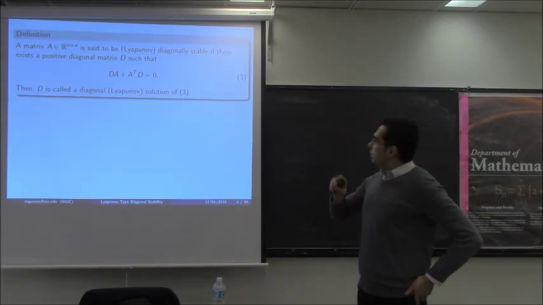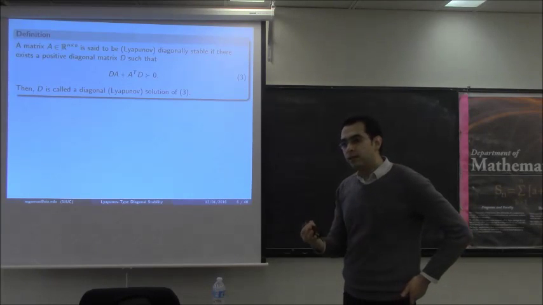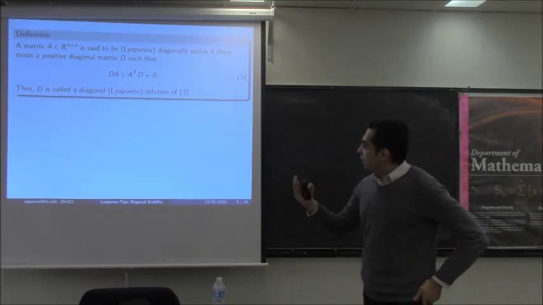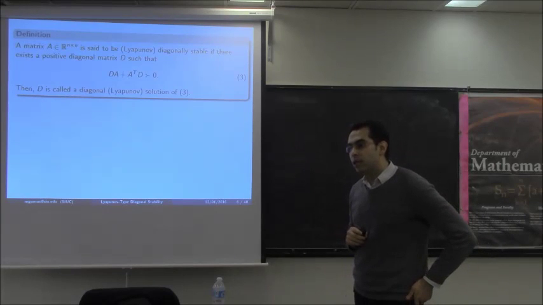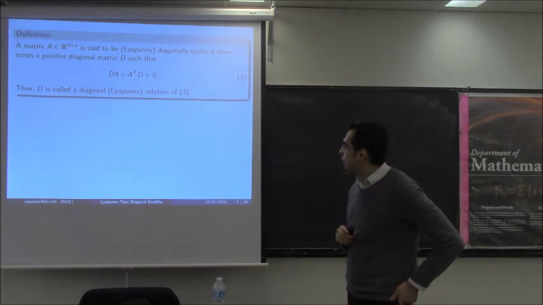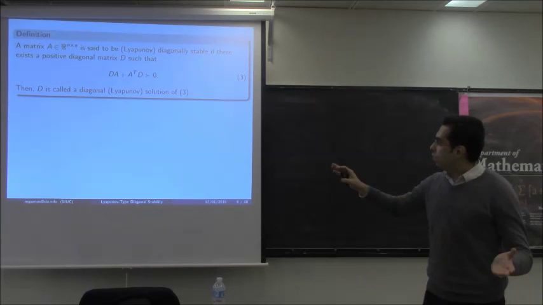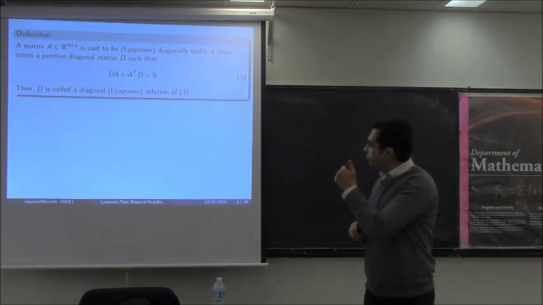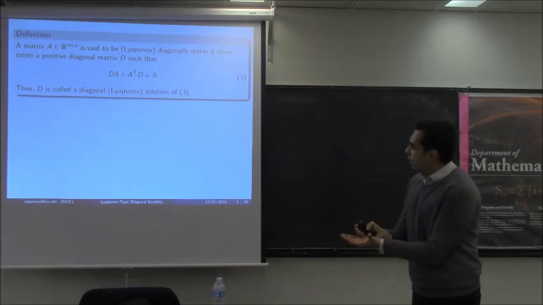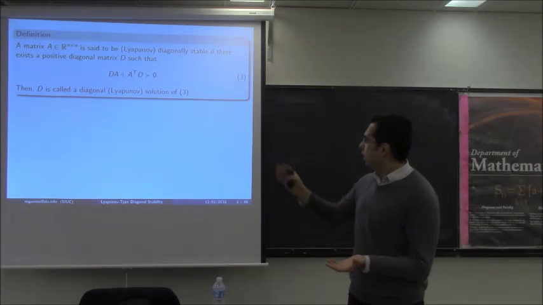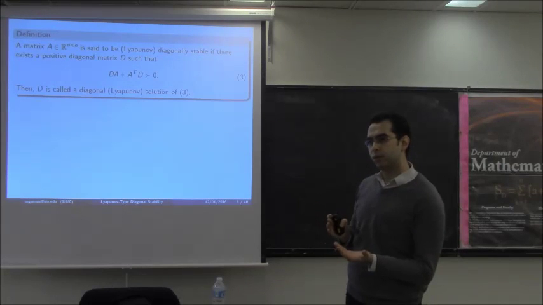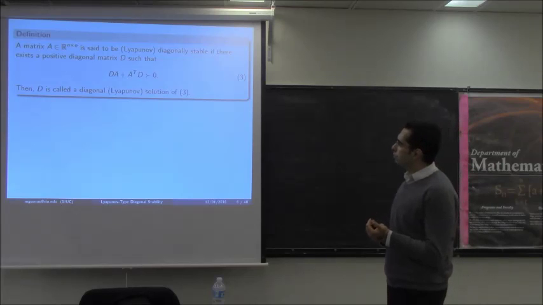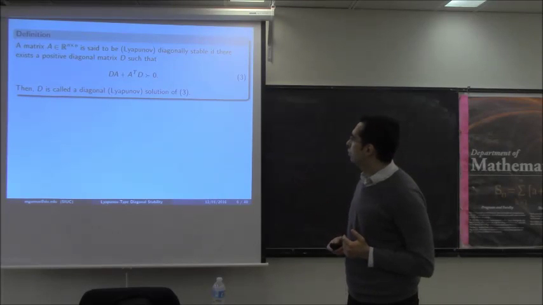A matrix is diagonally stable if there exists a positive diagonal matrix D such that DA plus A transpose D is a positive definite matrix. And D is called a diagonal solution here for P. And this is actually stronger than the stability condition because we have a positive diagonal matrix instead of a positive definite matrix. So it's a stronger condition compared to stability of a matrix.